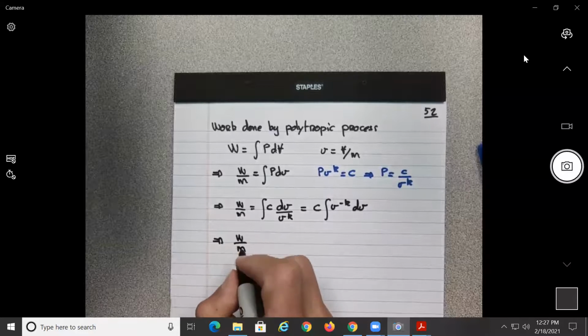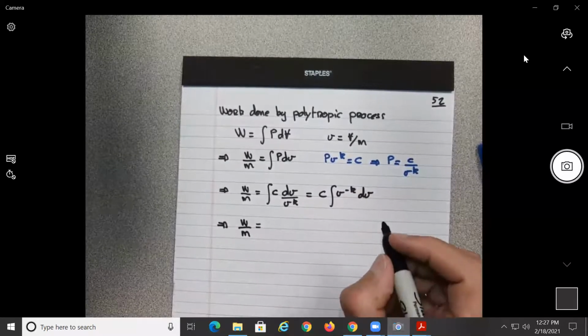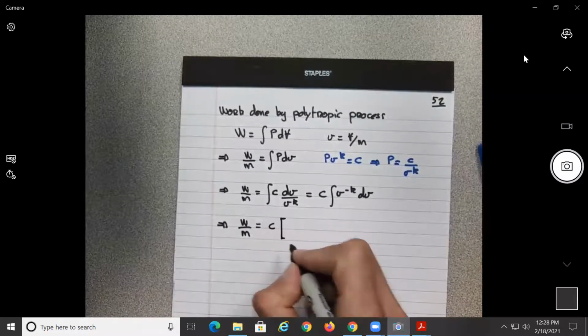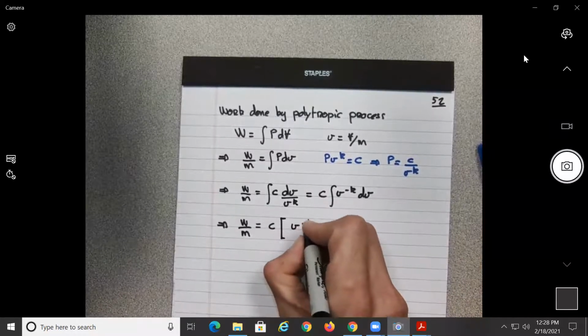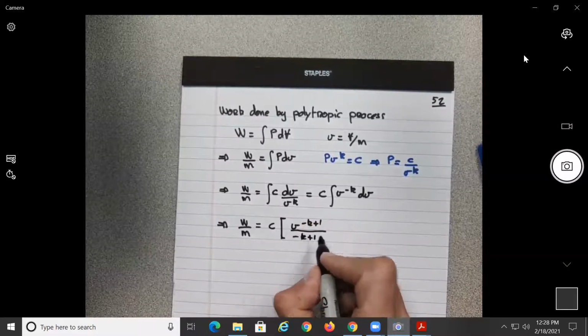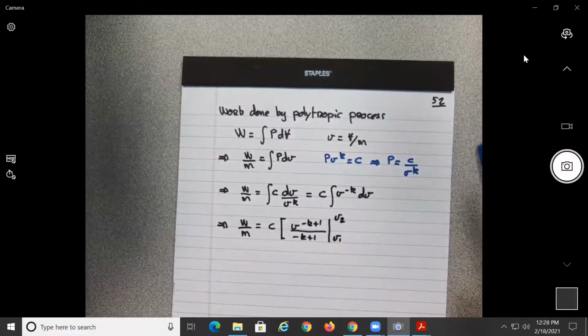Okay, I write down the equation. I will finish it next time, okay? But let me write down the equation. So 2 more lines. Or 3 more lines. This should be equal to C times V to the minus K plus 1, divided by minus K plus 1, between V1 and V2.